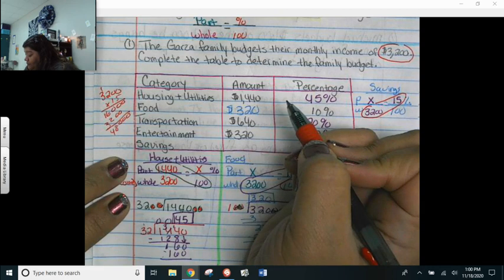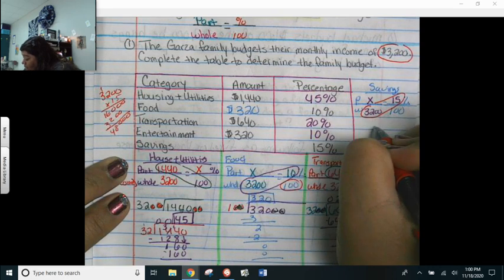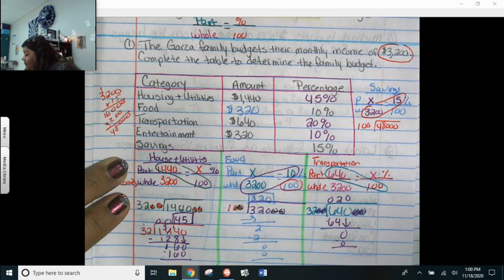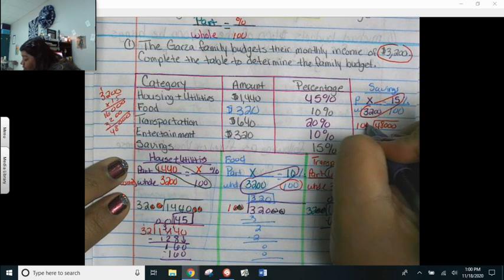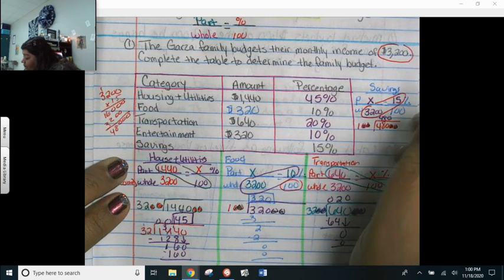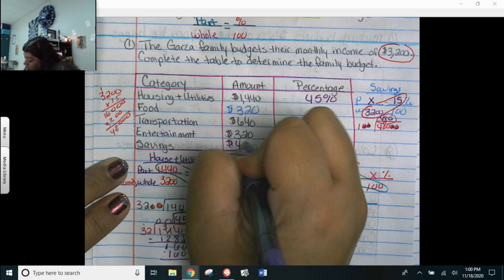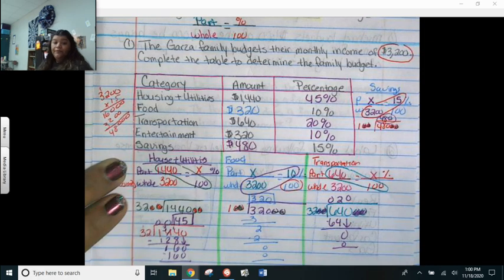Okay, so that is going to be 48,000 divided by 100. Oh, yay! Take off 1 0 and 1 and 1 and 1, and look, you get 480. So I can say that the savings is $480.